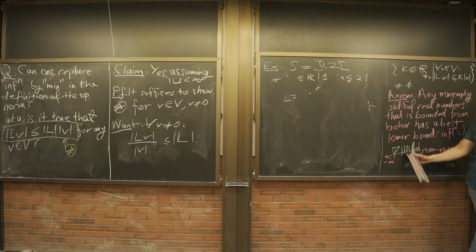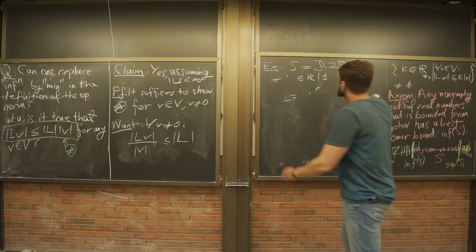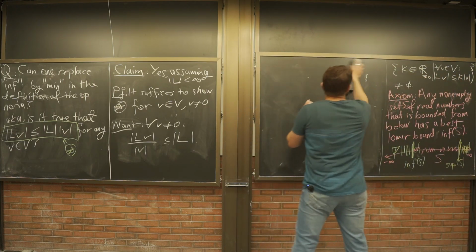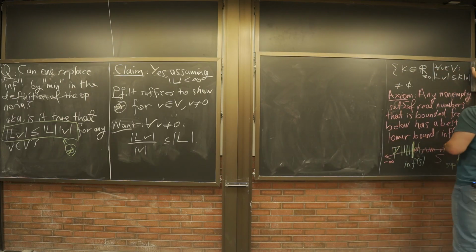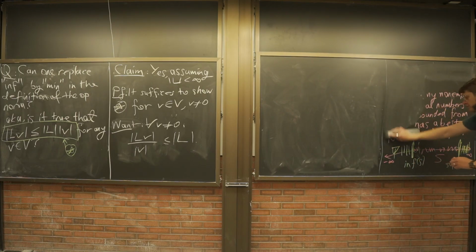I keep pushing this lower bound. It goes all the way here. And then if I push it any further, I'm starting to miss some of the elements. One way to operationalize this is to say, for any epsilon, there is some element in S that is less than inf plus epsilon. I tried to push inf by epsilon more, but now I'm missing some elements. Let me write that here.